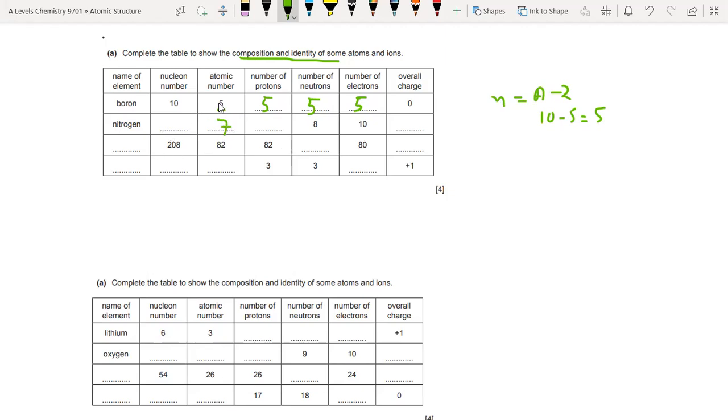Atomic number 7, and the number of neutrons is given as 8. Here we are going to find A. What is A? A can be found by N plus Z, that is equal to A.